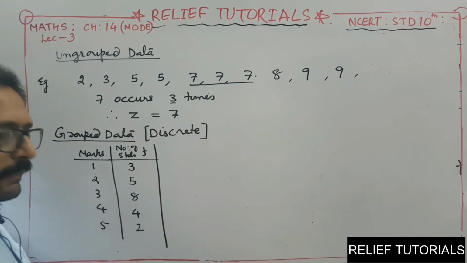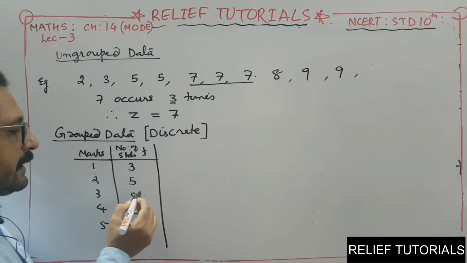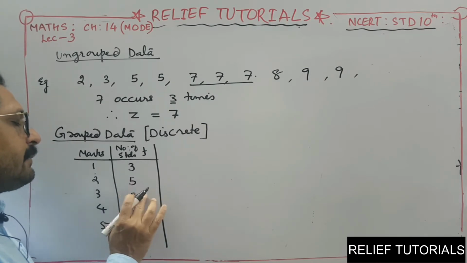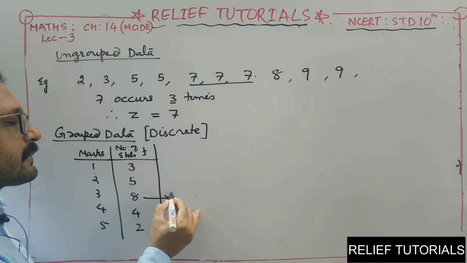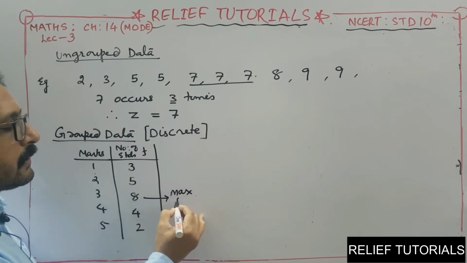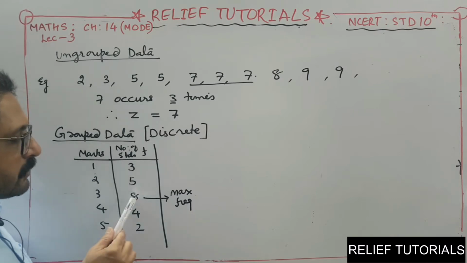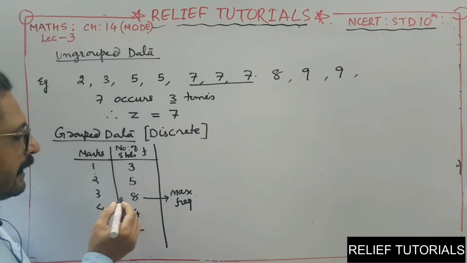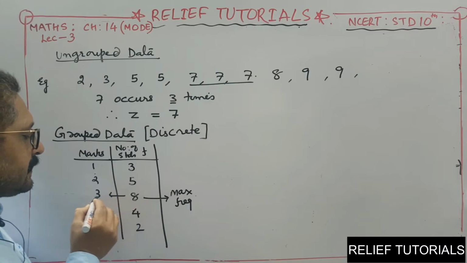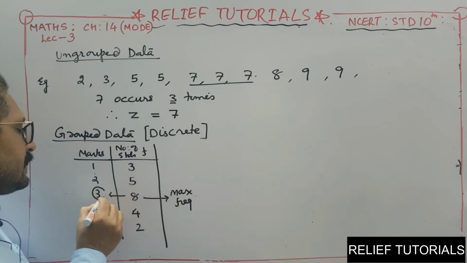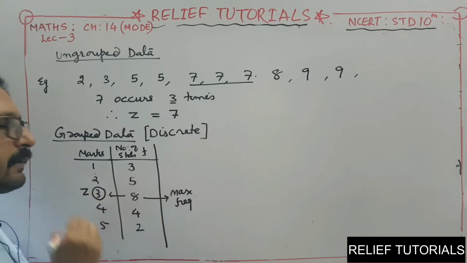So you see here maximum frequency is 8. So observation having maximum frequency is called mode. So here maximum frequency is 8 and observation against 8 is 3. So mode is 3. Why?